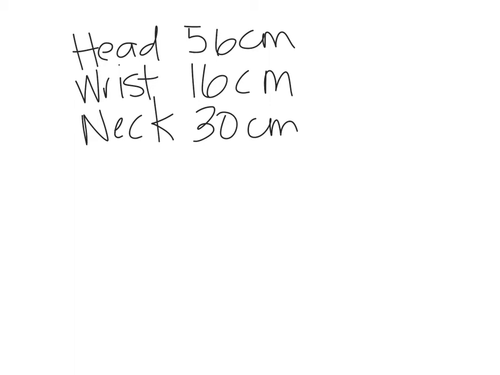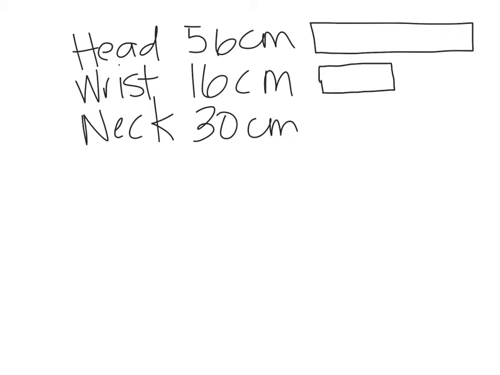So then if I were to show those in comparison bars, I know 56 is going to be the longest. So I need to make sure that represents the longest on the tape diagram. And then my wrist is the shortest. So now I'm going to show that here. And then my neck is 30 centimeters. So I know that's probably going to be somewhere in between.